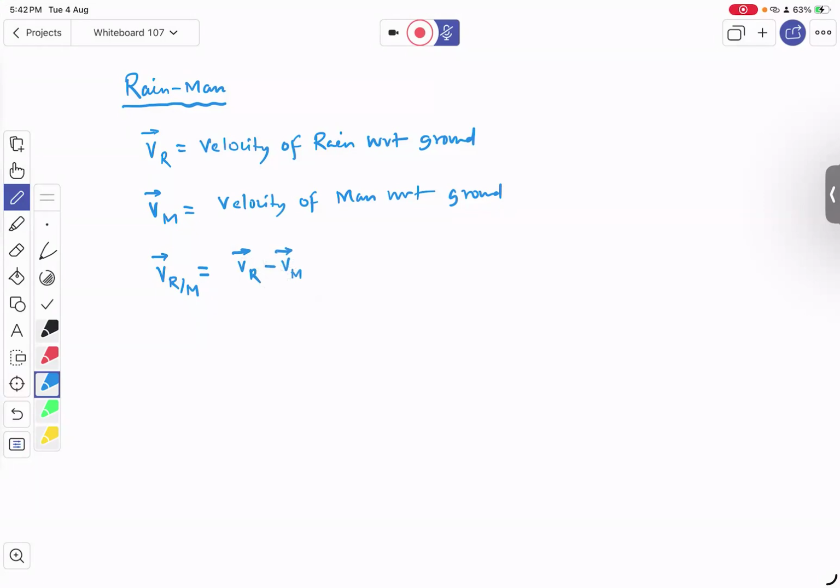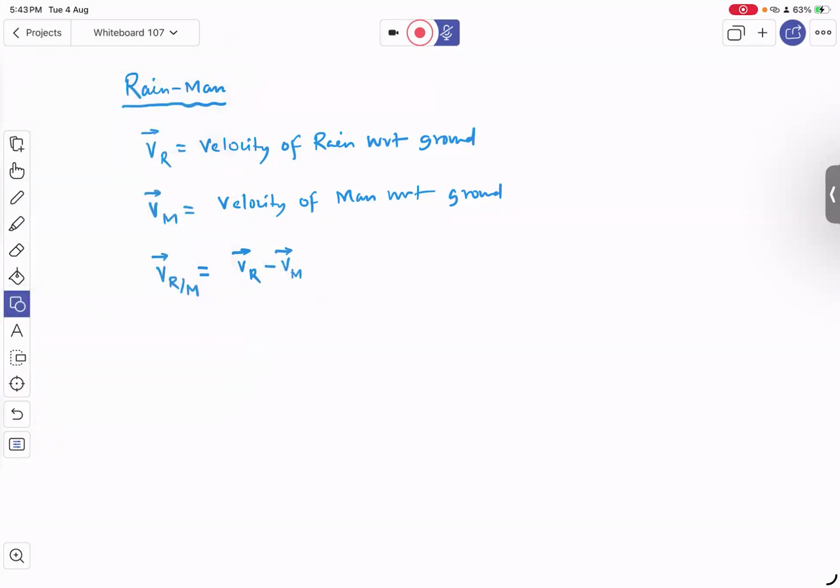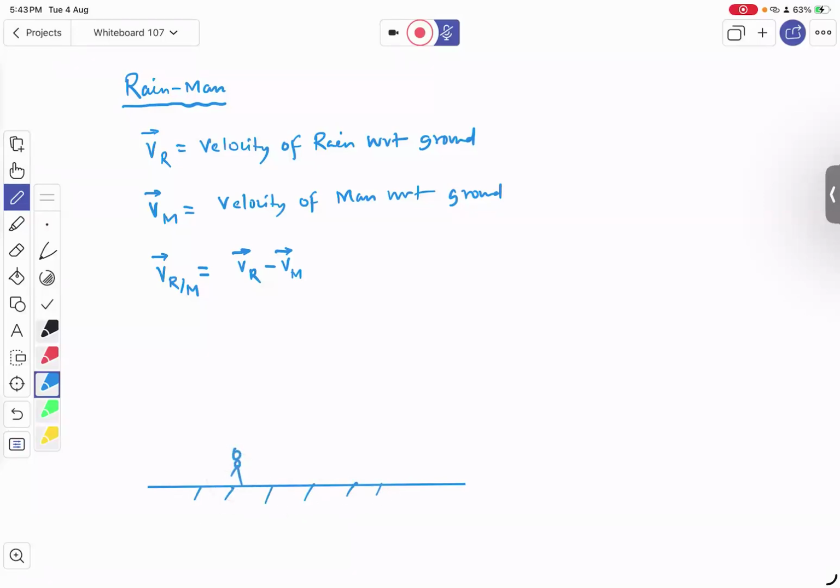So these are not some new concept, just a kind of profile of questions that you will be seeing. Suppose I have a case when the man is stationary, not moving, and I have been told that rain is falling vertically down.